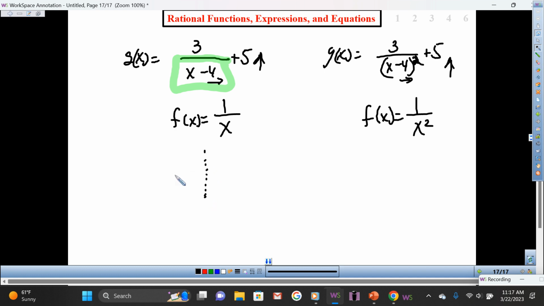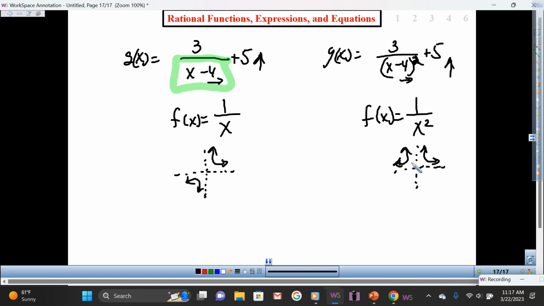So here's my asymptote, and the graph for this one is here, and then diagonally over here to this side. All right, how about for this one? Same asymptotes, but these start here, and it's going to be side by side with the other.